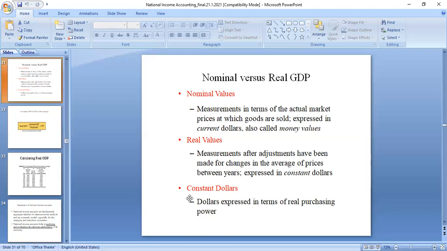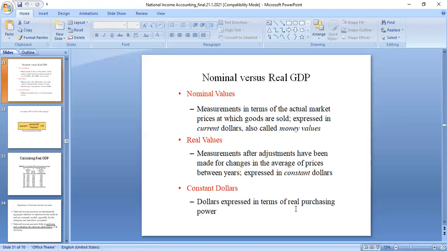And then when we talk about constant dollars, we are talking about dollars expressed in terms of the real purchasing power. The real purchasing power is not in monetary terms.